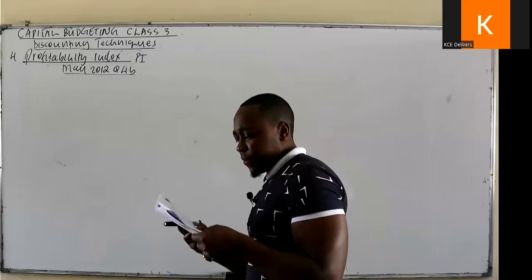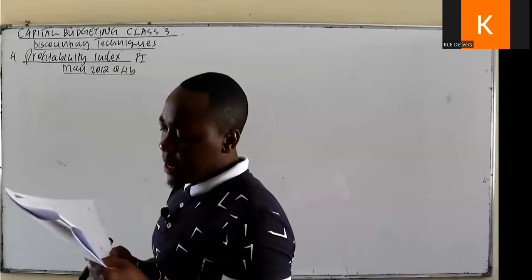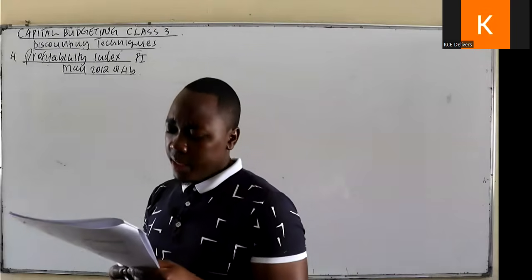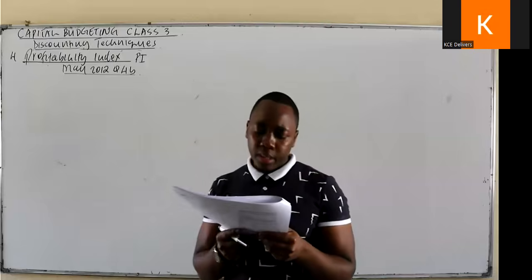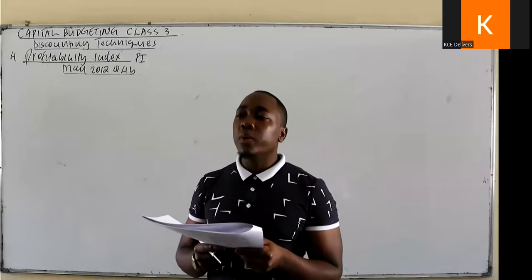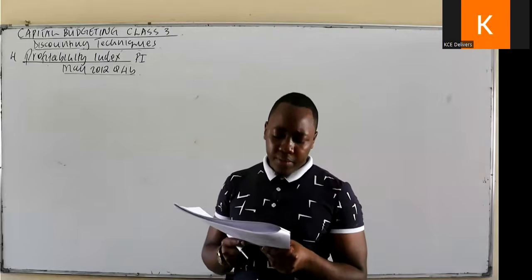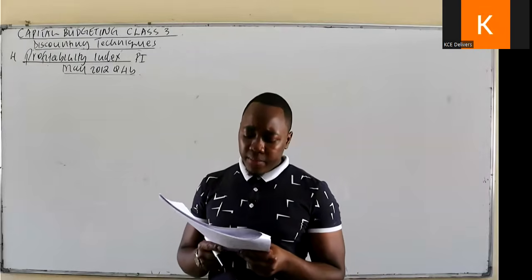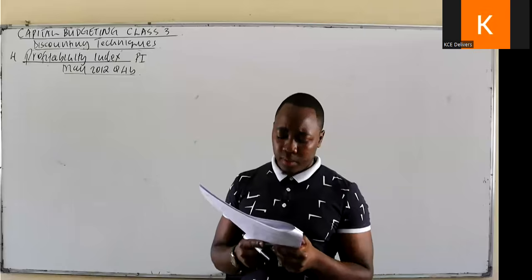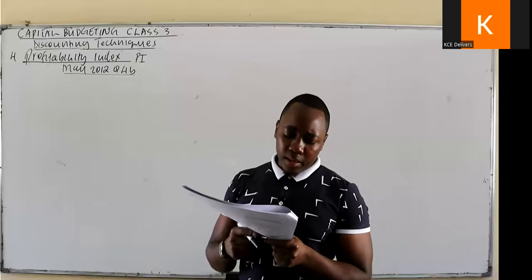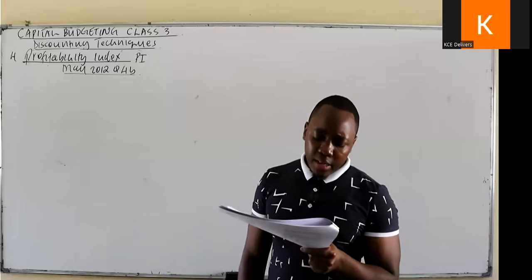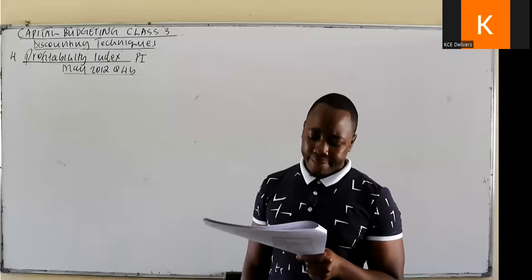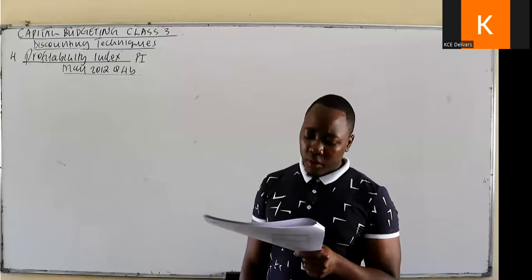ABC Limited has the following proposed independent projects for the year ending 1st of December 2012. So we have projects A to E. We have the net investment outlay and the present value of the future cash flows required. Assuming that there is no capital rationing, indicate which project should be selected.